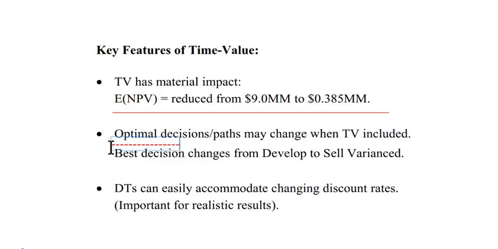And you may make the wrong decisions when you do that too. Little typo here. Also, as we've seen, decision trees can easily accommodate discount rates. We saw how easy that was. Just get the present value of each cash flow and plug it in.